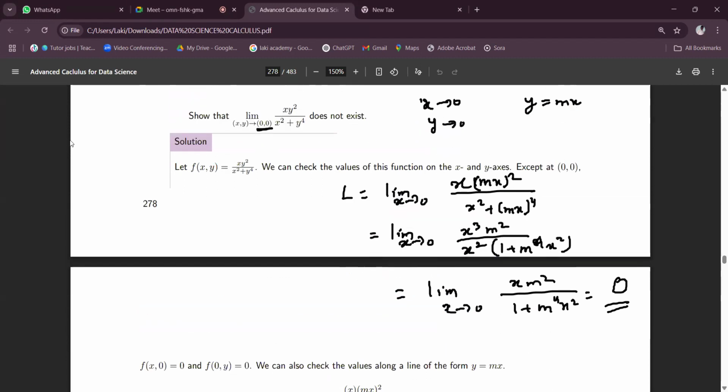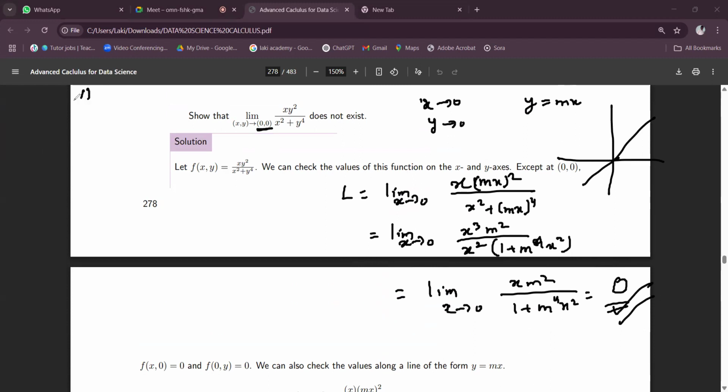We can have even more inputs. So when you guess that the limit passes through the origin along this line, then you are getting 0.